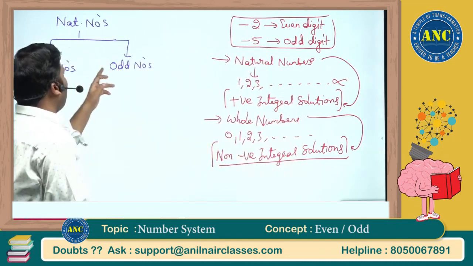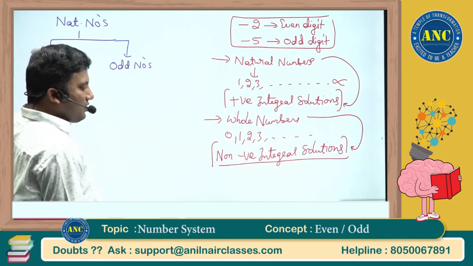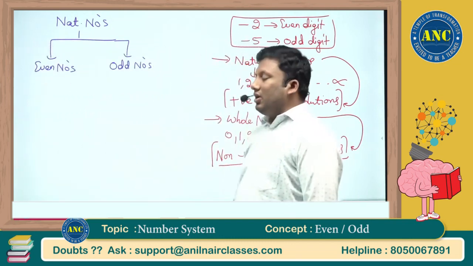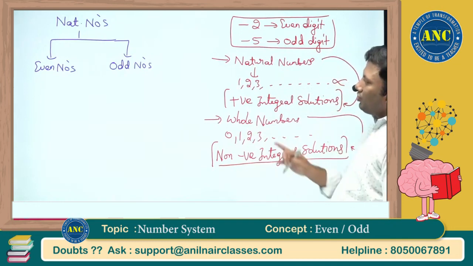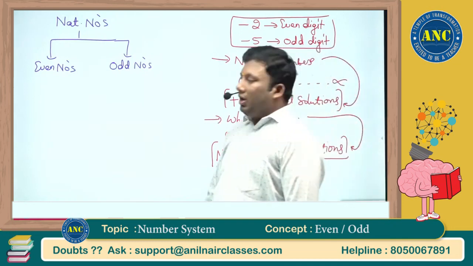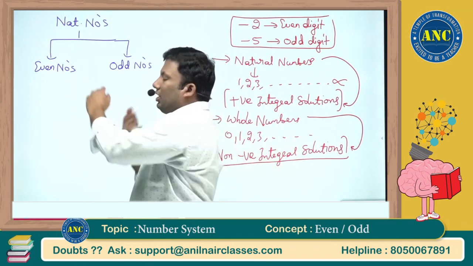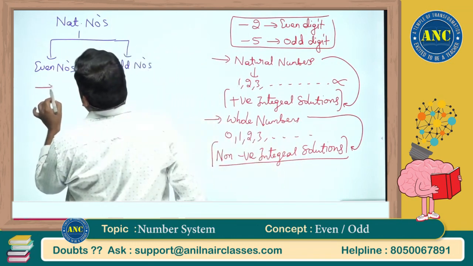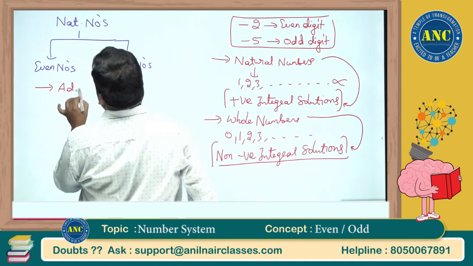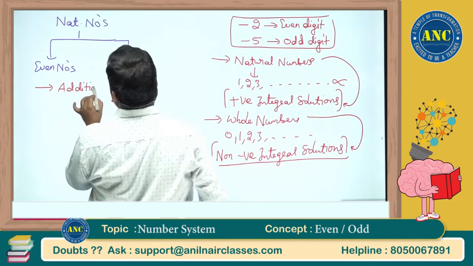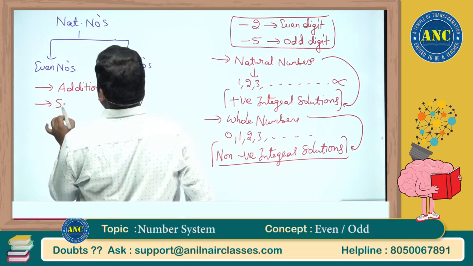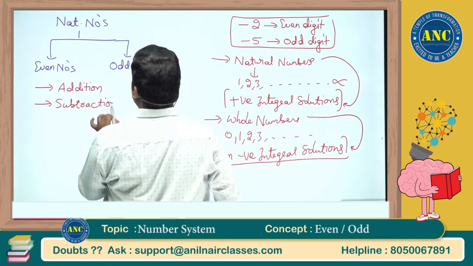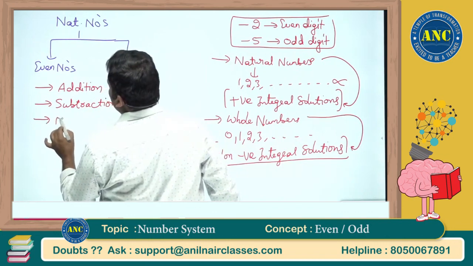All even and odd numbers are either perfectly divisible by 2 or not divisible by 2. Natural numbers, even and odd numbers. Now, what can I do with these two numbers? I can do addition, subtraction, or multiplication.